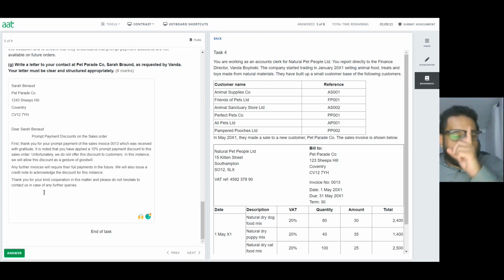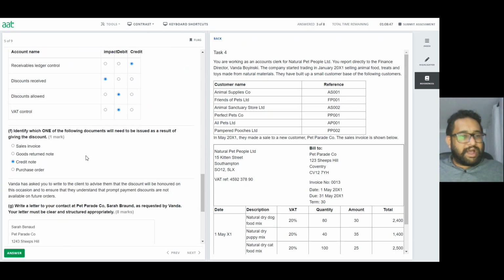Okay, and then also it's very important you find a way to have a closing statement to Sarah Brenner, because you know her name, therefore you say yours sincerely. Then you're going to say, no, spelling mistake there. So you are the person writing that letter, Vanda.